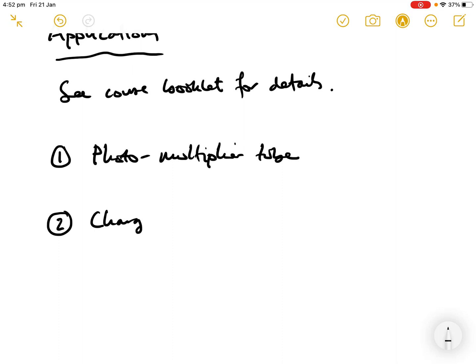Charge coupled devices, CCDs. These are semiconductor devices, and they're sensitive to light, and they can be used in all sorts of situations.